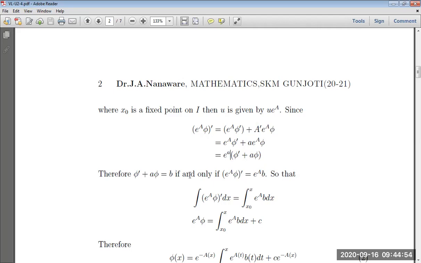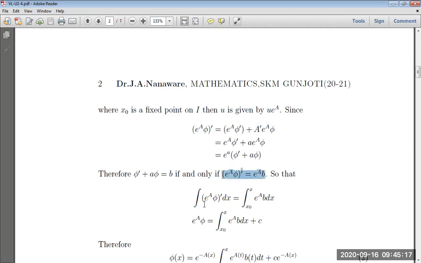And therefore, phi dash plus a phi is equal to b if and only if the derivative of e to the power A into phi is e to the power capital A into b. In other words, we are substituting phi dash plus a phi is equal to b. And now take the integration on both sides of this equation.